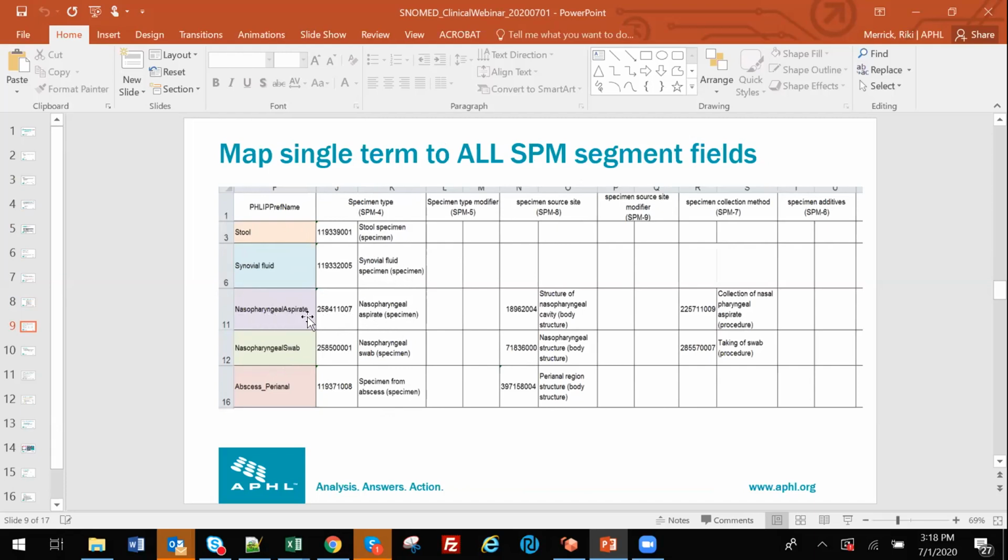So in this case, nasopharyngeal aspirate, you could have made this an aspirate and then structure of nasopharyngeal cavity, but we said, well, we're going to use this pre-coordinated term, but we're also going to include the other defining elements of that term based on this term's definition. So we looked at SNOMED and said, how is this term defined, and then populated accordingly into our columns.